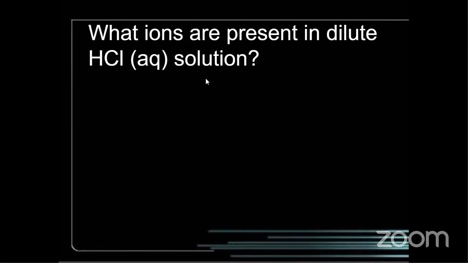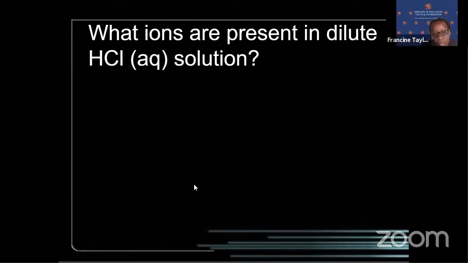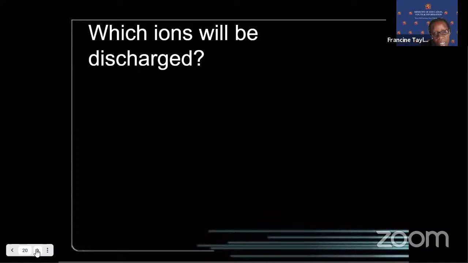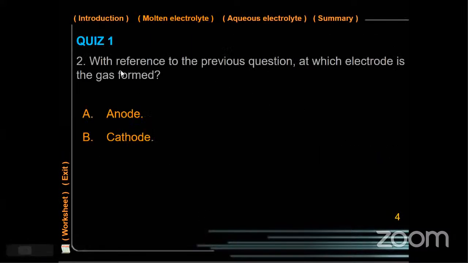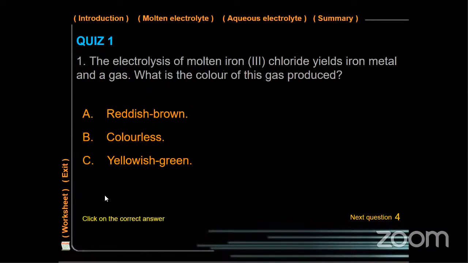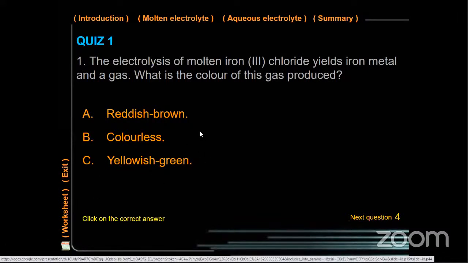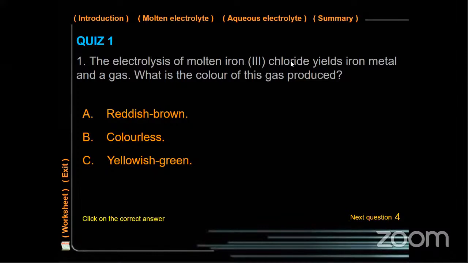Yes, very good. When you get a chance, somebody was saying they didn't understand the second question from the Molten section, so when you get a chance to revisit. The second question was, with reference to the previous question, at which electrode was a gas formed? In the previous section we said chlorine was formed, a yellowish green gas. So from the electrolysis of iron 3 chloride, chlorine was formed.